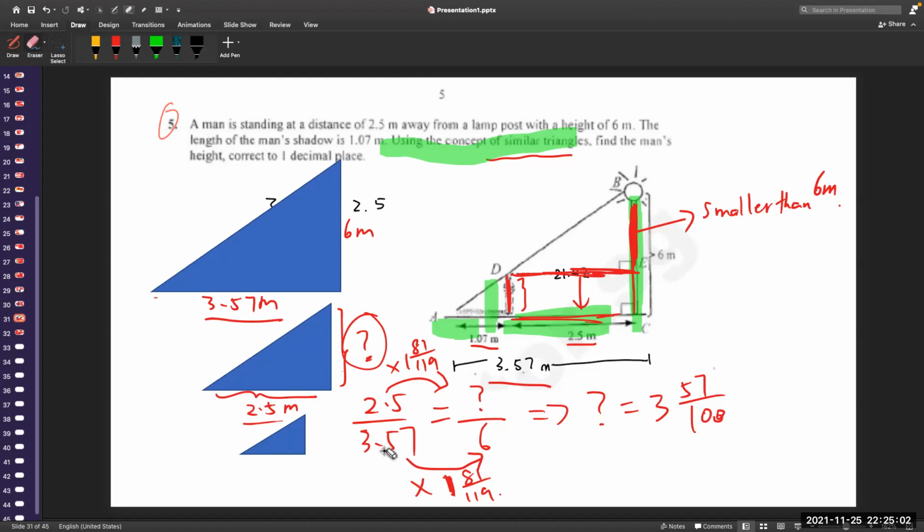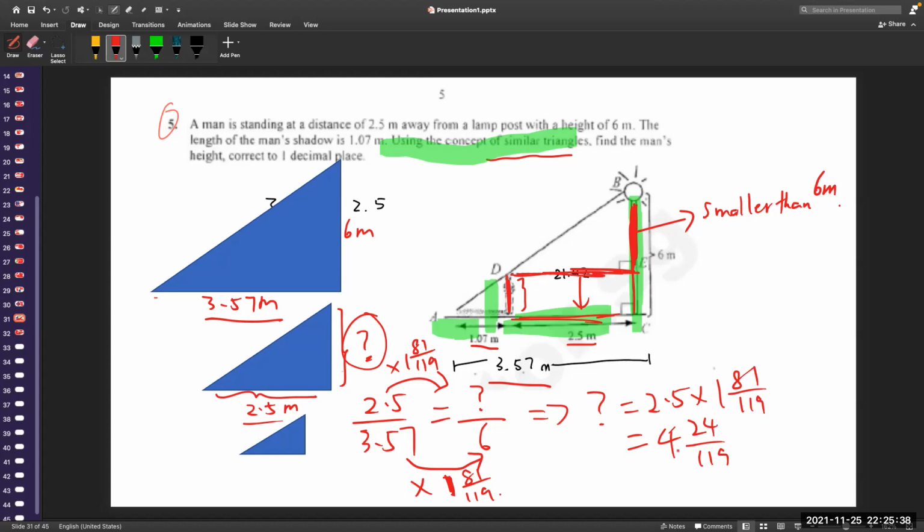So like I say, how do you get from 3.57 to 6, right? You have to times a factor of 1 and 81 over 119. Can you see here? Then how do you get the question mark here? You need to take 2.5 times 1 and 81 over 119. So what is the question mark? 4 and 24 over 119.